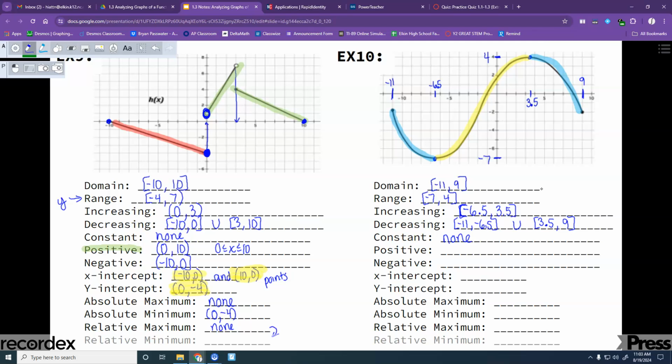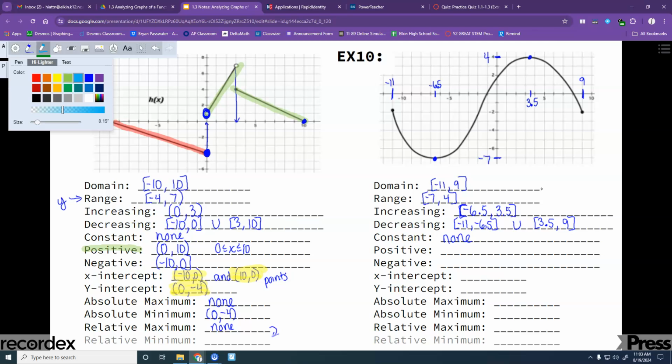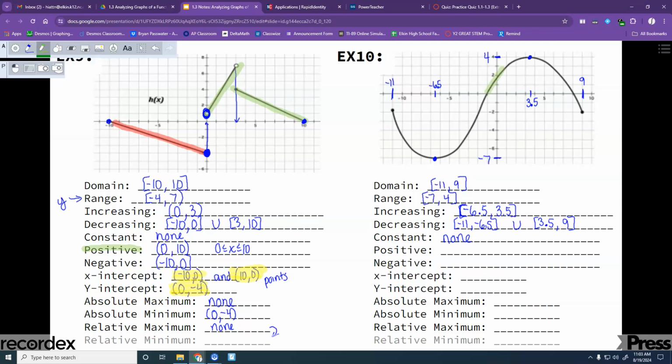All right, I'm going to erase this highlight that I have here so I can do positive and negative separately from that. So if I'm doing positive, that's everywhere I'm above the x-axis, which is just a section right here. So above the x-axis, this right here is at negative 1. And then it goes all the way over to this point right here, which is at positive 8. That's my positive section, from negative 1 to positive 8.